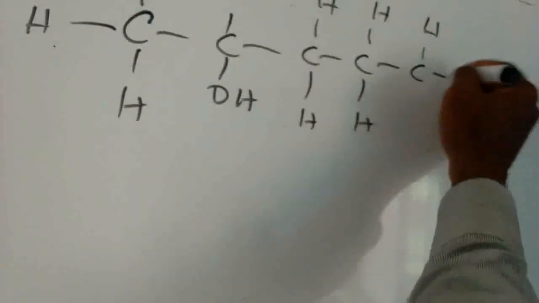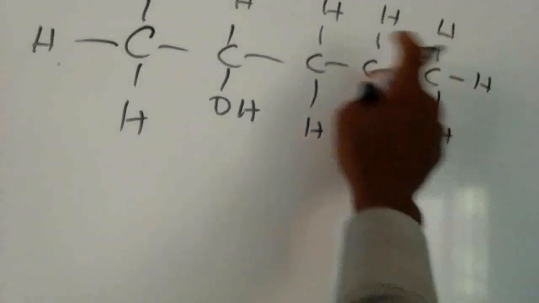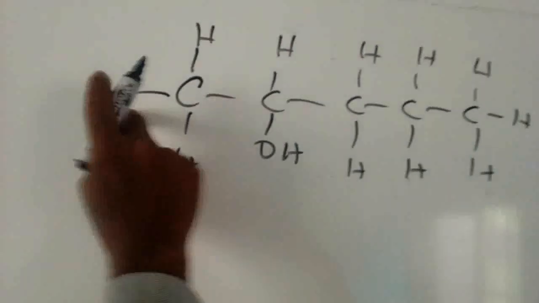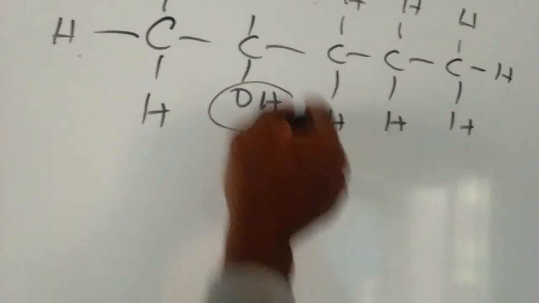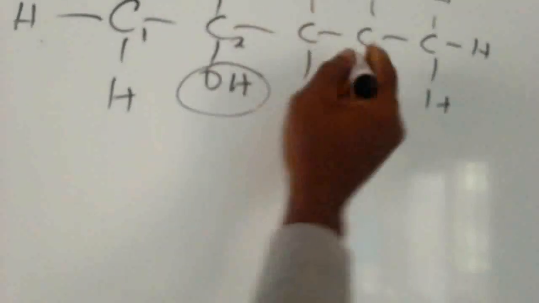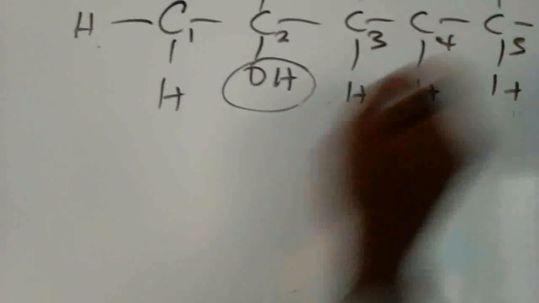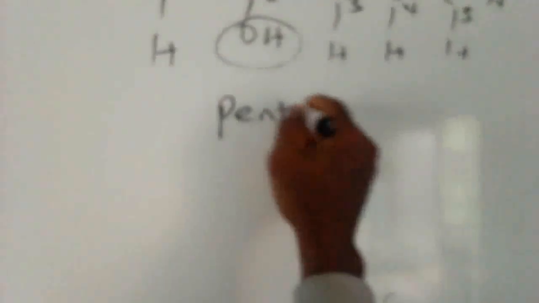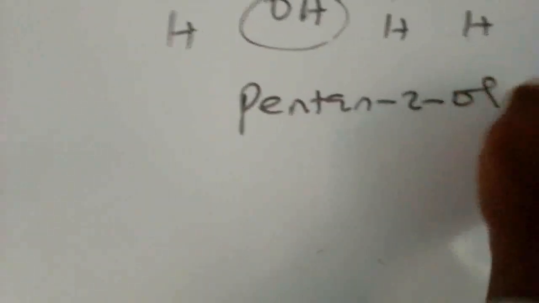This compound on the board has 5 carbons. Now this is a functional group. 1, 2, we start numbering from the end nearest to the functional group. 3, 4, 5. This compound is called pentan-2-ol or 2-pentanol.